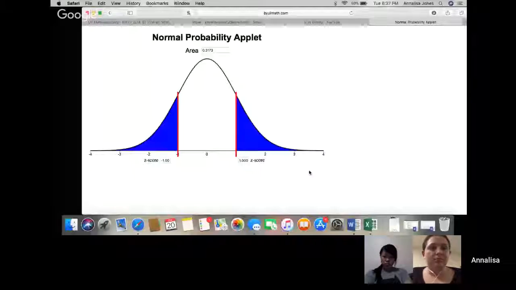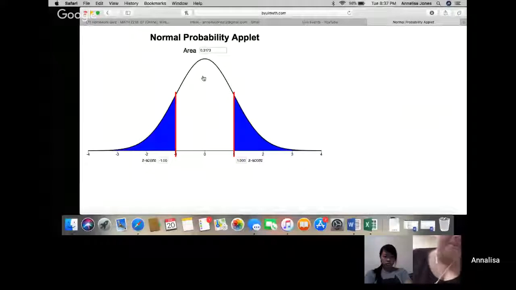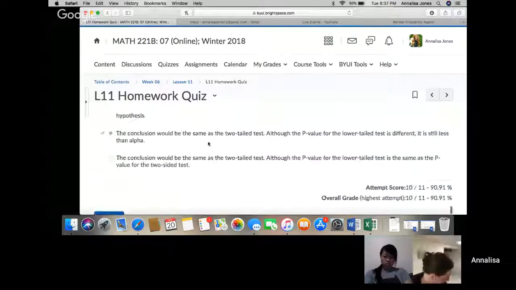So from what I understand, it applies to the normal probability applet. So let me share my screen with you and then I can point it out. Okay. So this would be a two-tailed null hypothesis or whatever, because you're using both the top and the bottom. Okay. So the question asked, number 14, is that what you said?